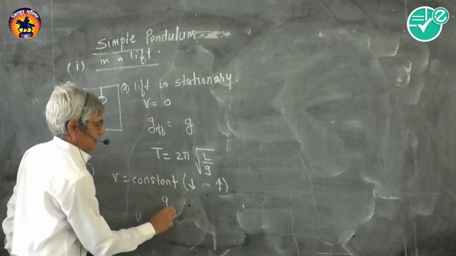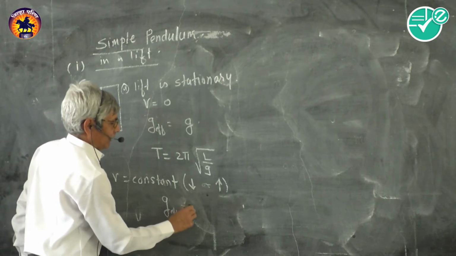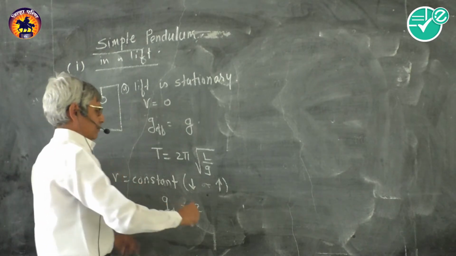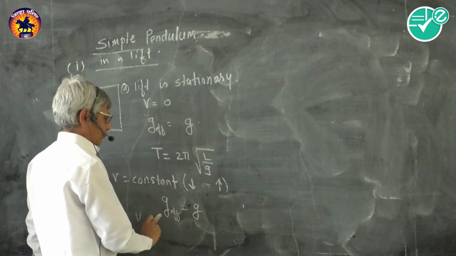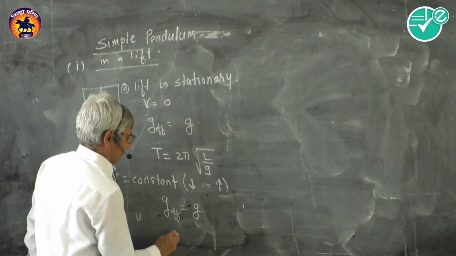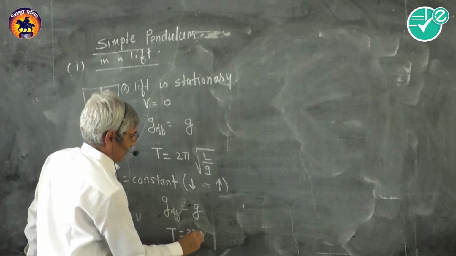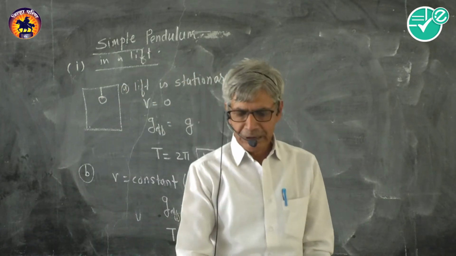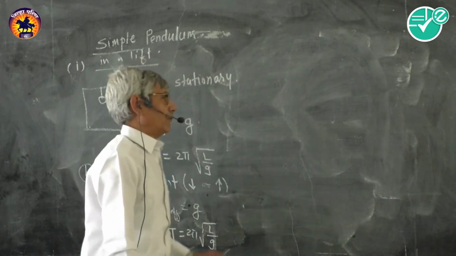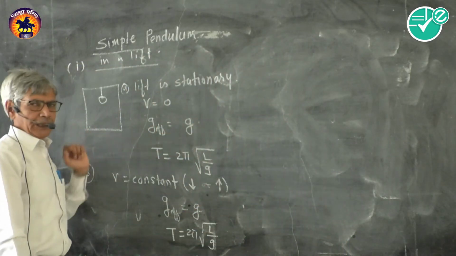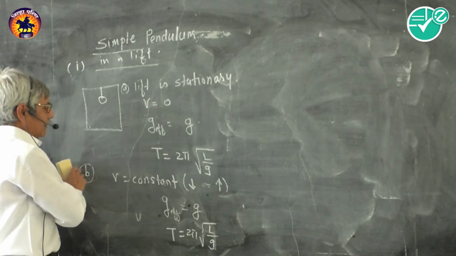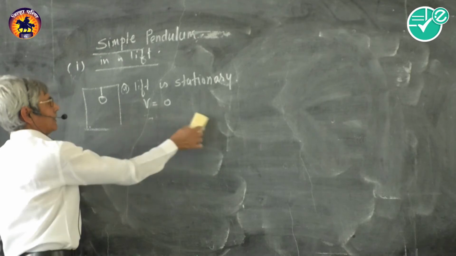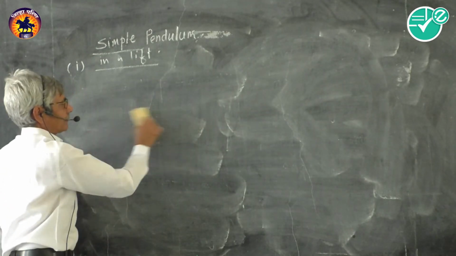Once again, g effective will be equal to g, because the acceleration of the motion of the lift will be 0. So g effective will be equal to g, and period T is equal to 2π under root L by g. So the period of the simple pendulum is not affected whenever the simple pendulum is in a stationary lift or is moving with constant velocity, either in the upward direction or in the downward direction.